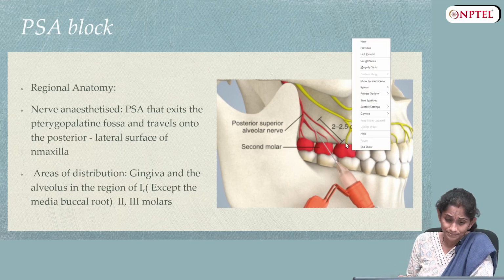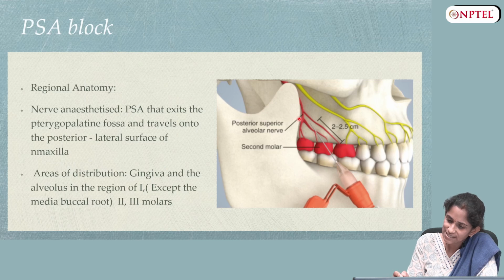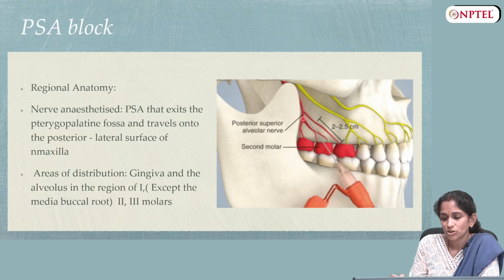Okay. So, where do we anesthetize this nerve? We anesthetize this nerve when it is exiting from the pterygopalatine fossa and entering the posterior wall of the maxilla. The needle is on the posterior lateral surface of the maxilla; this is the posterior side and this is the lateral side.